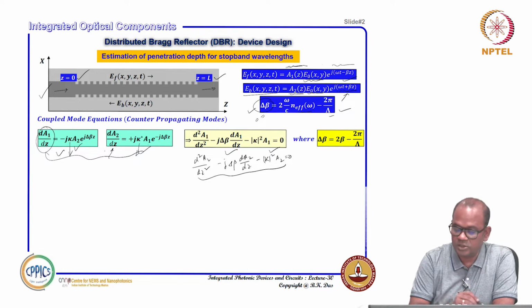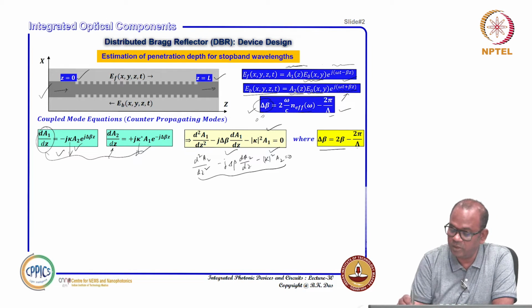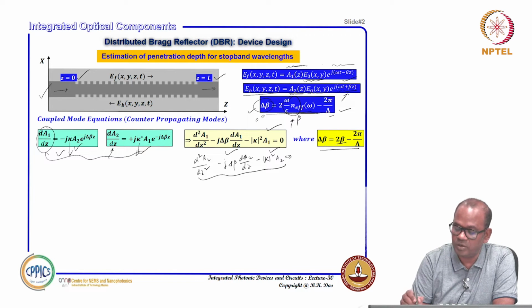We have considered, for all these equations, delta beta equal to 2 omega by c times n effective, basically equal to 2 beta minus 2 pi by lambda. Either you can write this in terms of beta, or you can write delta beta in terms of omega.